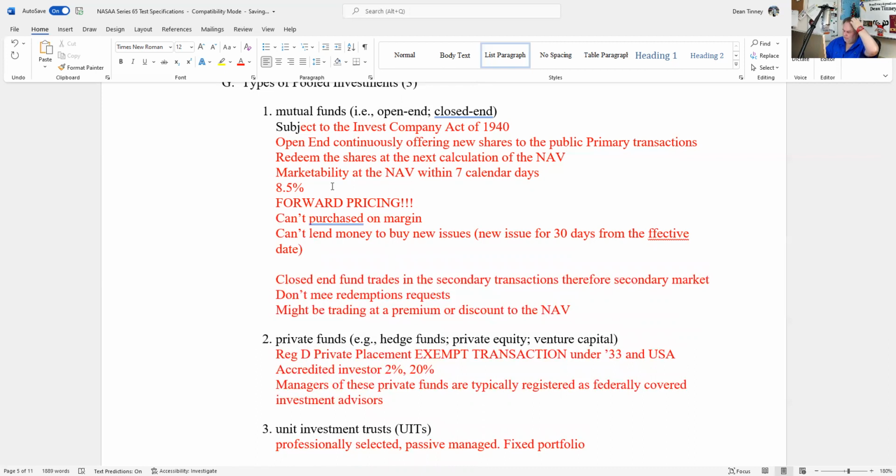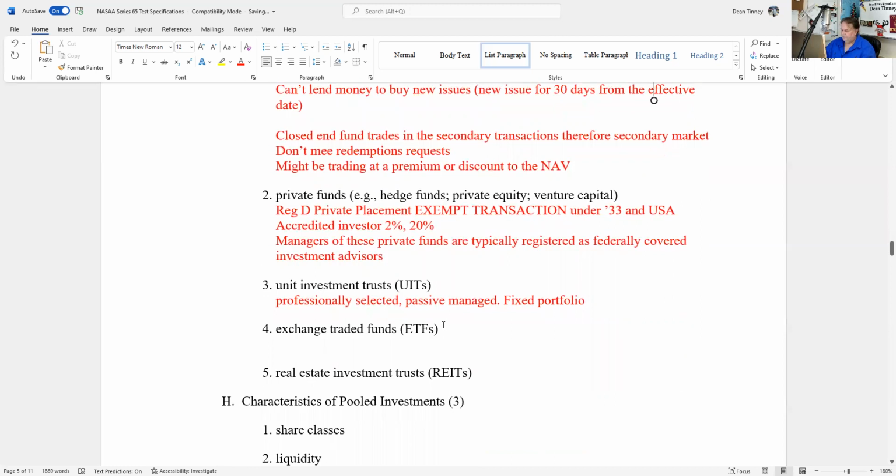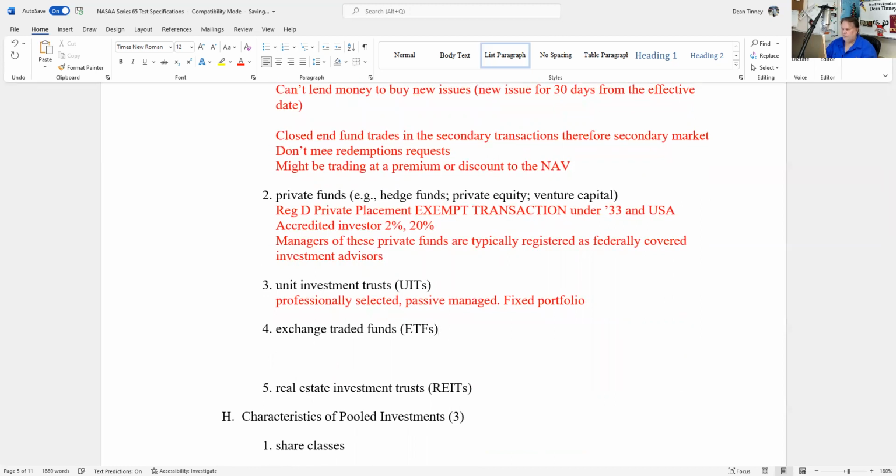That's a low probability. I'm just setting up this idea of how ETFs, and that's the test question, how ETFs are different than our mutual funds. So in an exchange traded fund, you're typically going to be able to buy this and sell it in the secondary market. So these are more of a trading vehicle as compared to an open-end mutual fund.